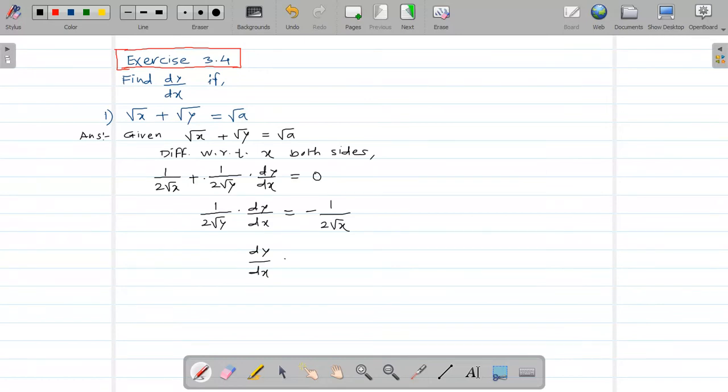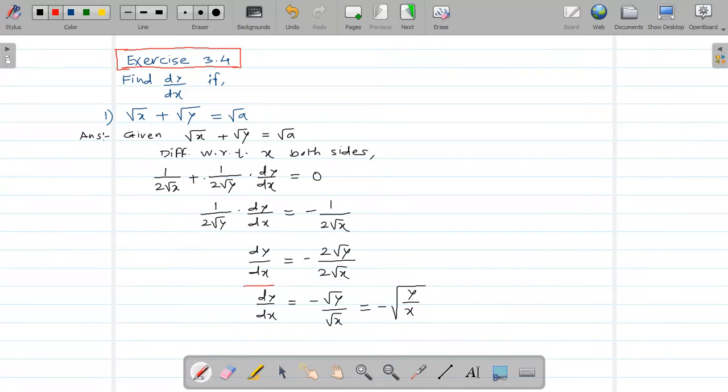Transferring this 2 root y to the right hand side, it gives minus 2 root y upon 2 root x. By cancelling we get minus root y upon root x. So this is the final answer, that is dy by dx is equal to minus of root y upon root x, or you can rewrite it as minus of under root y upon x.